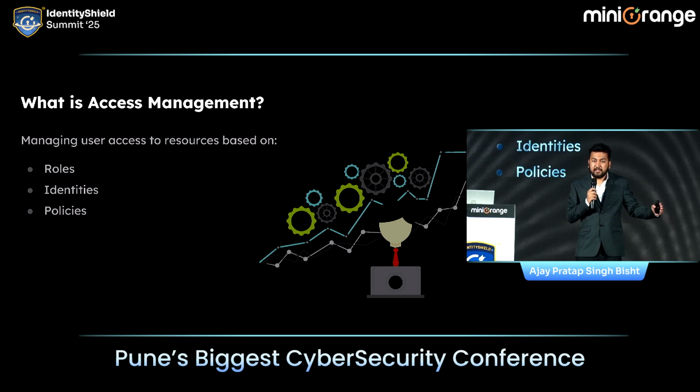Let's say there is another role like business analyst. So based on my role, I can be allowed to access certain resources or not. Then we have identities, and further we move ahead with policies like I can create certain policies like I am allowed to access my resources from a particular network or from a particular location or from a particular device. So all those are covered in your policies.